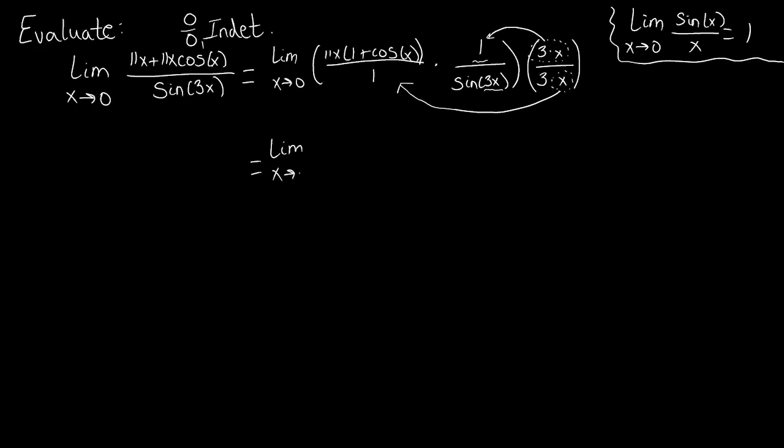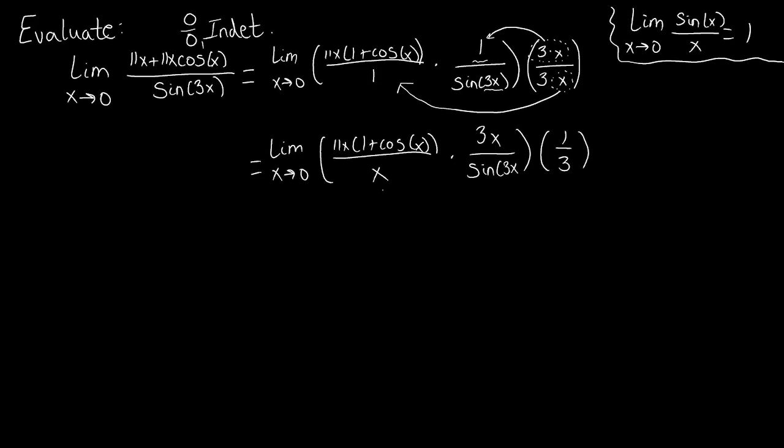Limit as x approaches 0 of 11x times 1 plus cosine of x over x times 3x over sine of 3x. So now you may be asking yourself, why in the world did you put that x on the bottom in here? Because we see that this is 11 times x times this expression.